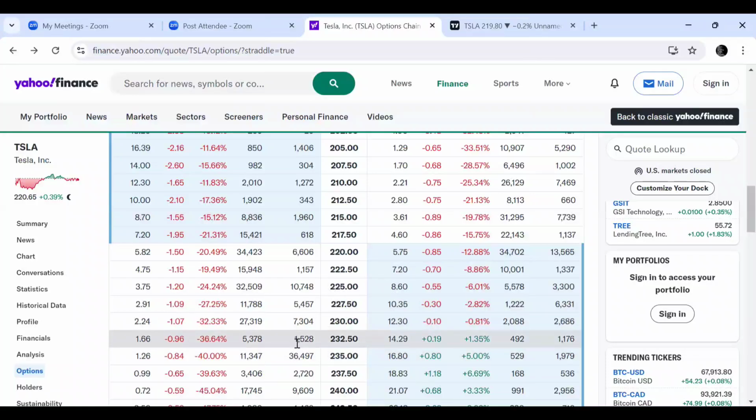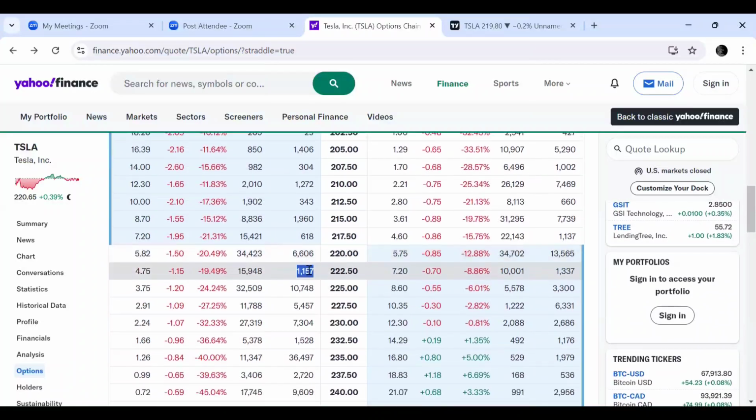And when there are high contracts, it definitely means that it is forming a support level or a resistance level. Why is it forming a support level? Here, for example, you are seeing 1157 contracts, meaning they had purchased approximately 1,15,700 shares of Tesla.